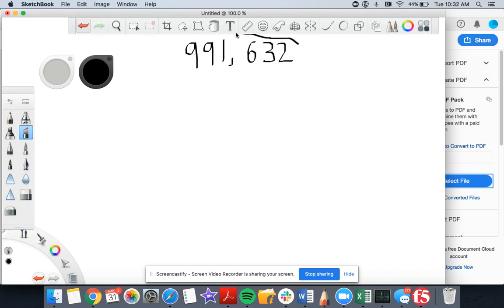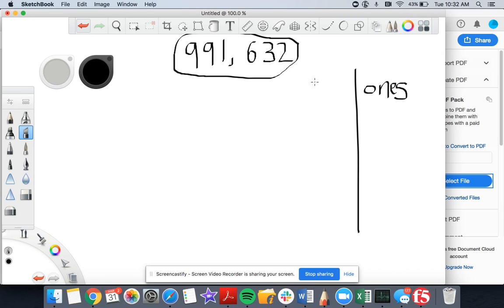So I have this number, 991,632. And what's our first step when it comes to rounding? Yes, the place values chart. So this fancy chart that we have become super familiar with this year.